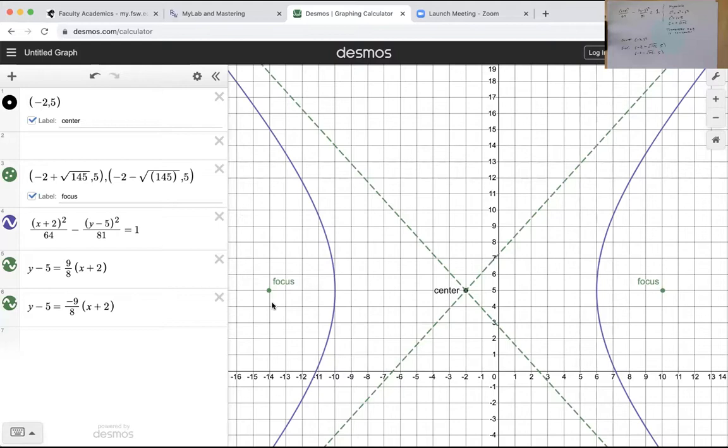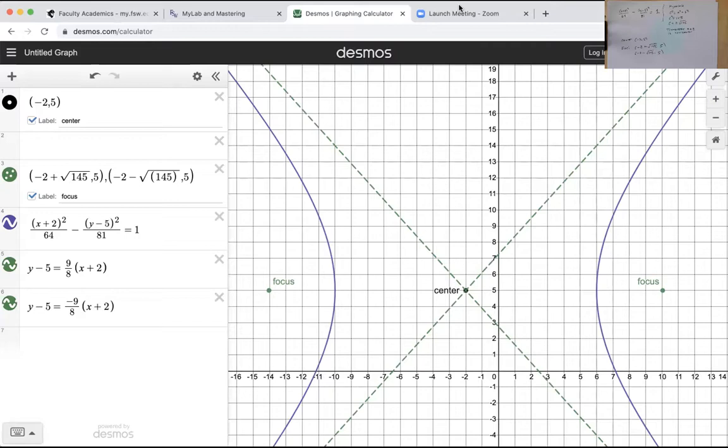And there's your two asymptotes. And there is our situation. Remember, if I pick a point on a hyperbola and you take the distance from this focus, distance from that focus, if you subtract those two numbers, that's the same for any point on the hyperbola. The difference of distances is constant.